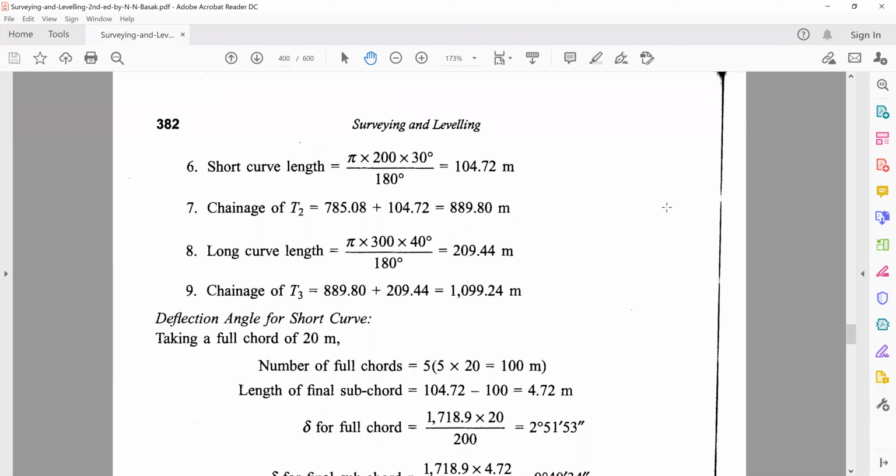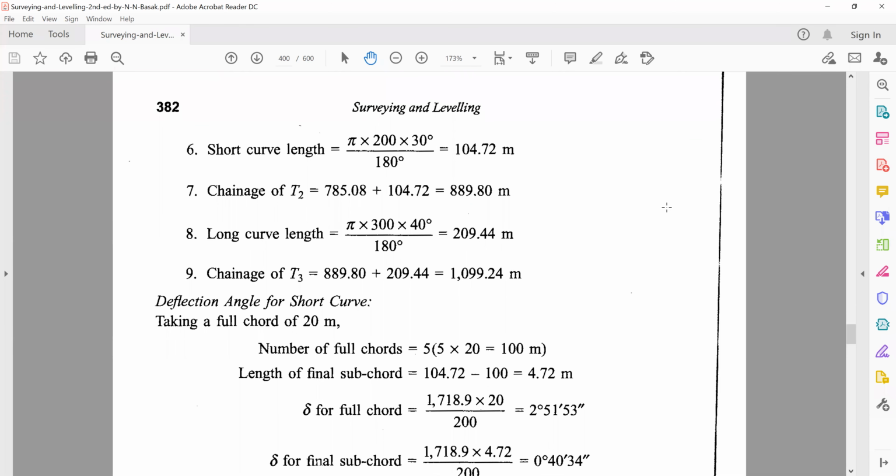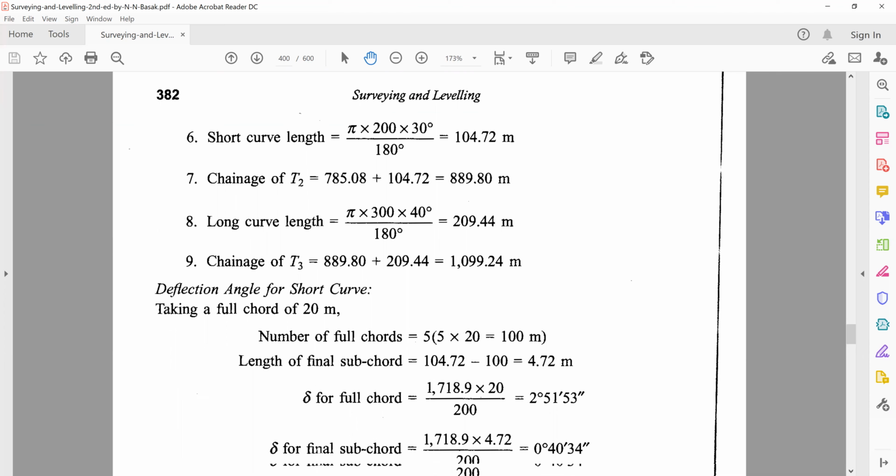So in our case, the length of the short curve is 104.72 meters, and the interval that we're taking is 20 meters. So that means we can do this work in 5 chord lengths. That would get us to 100 meters, and then we would be left with just the distance 4.72 meters. So that 4.72 will become our subchord, and the 20 meters would become our full chord.